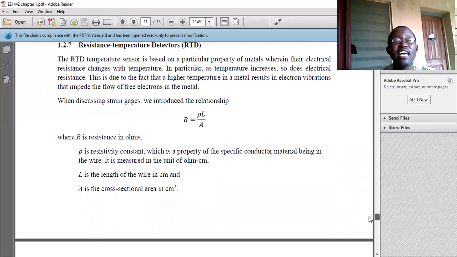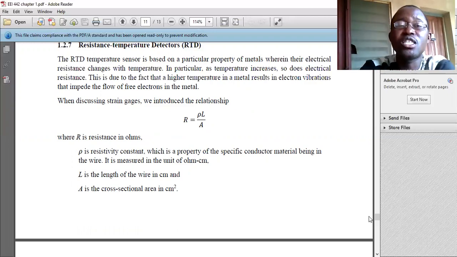RTD, as the name implies, is resistance temperature detector and is based on a particular property of metals, whereby when you increase the temperature of metals, their resistance changes. Metals have a positive coefficient of resistance such that when temperature increases, the resistance increases.